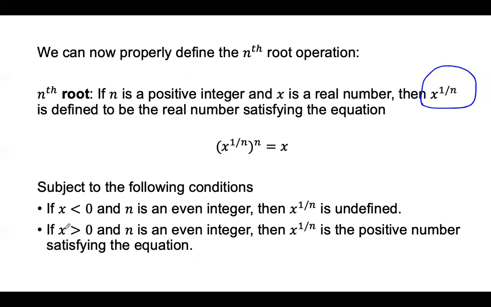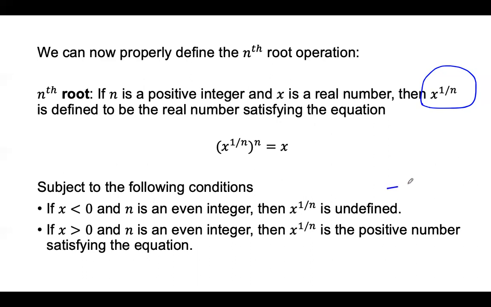So if x, let's do the second one. If x is greater than 0 and n is an even integer, then x to the power 1 over n is a positive number satisfying this equation. If x is less than 0, which we just found out using that example of the -9, and n is an even integer, then x to the power 1 over n is undefined for our purposes.